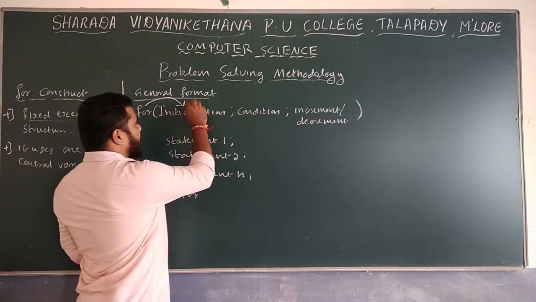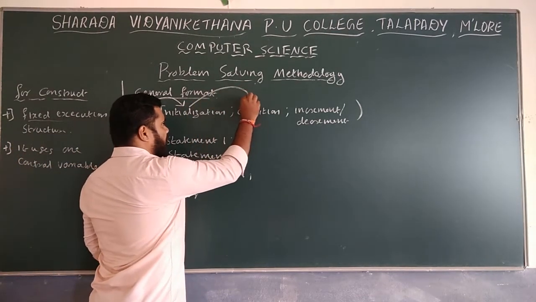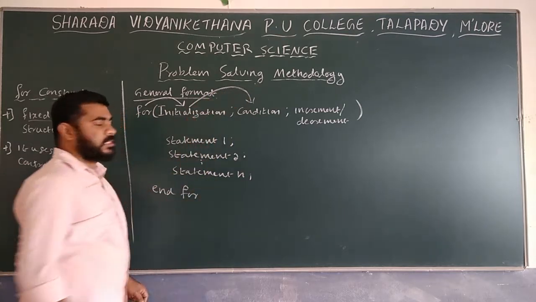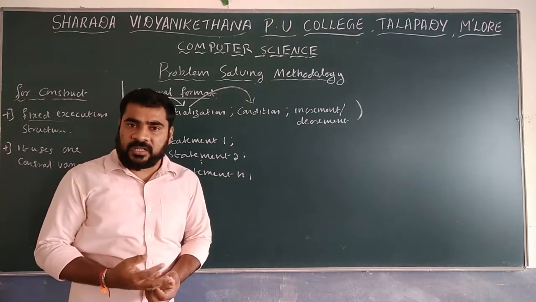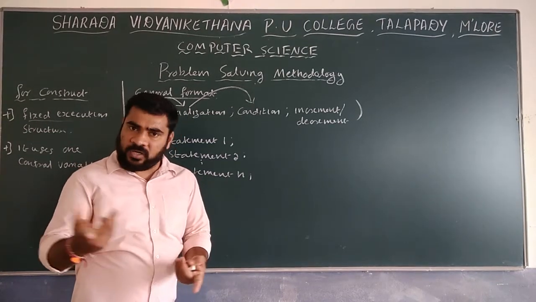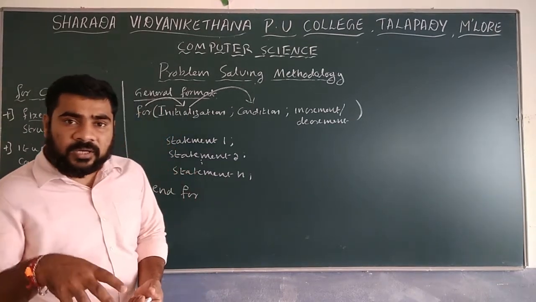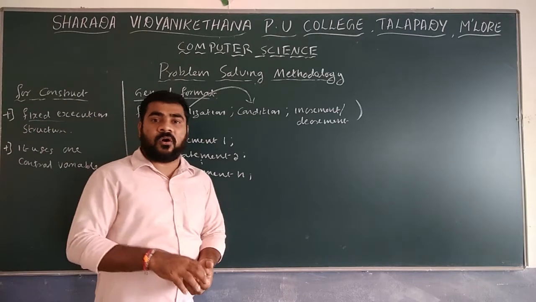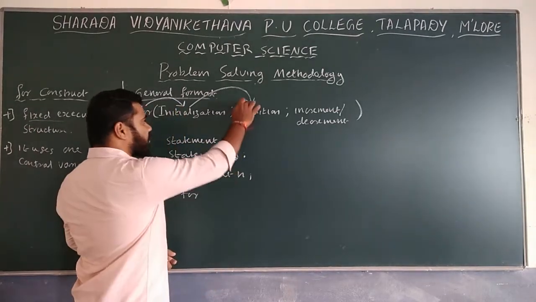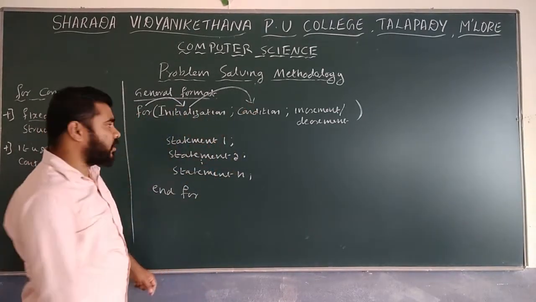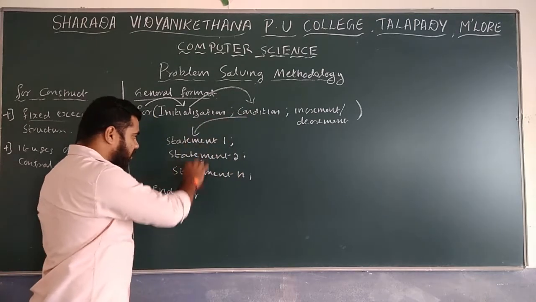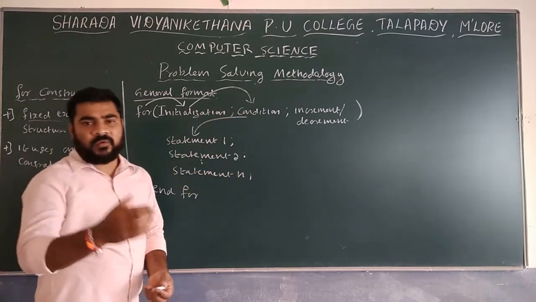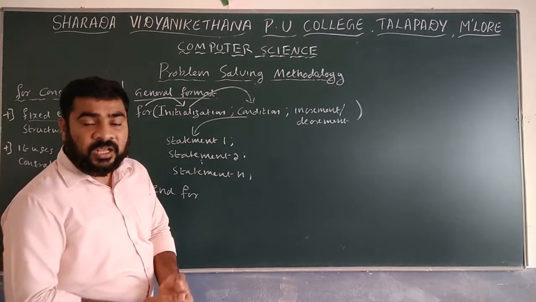After that, the control moves to check the condition, whether it is true or false. We get only a true or false output. Whenever the condition is true, then control is going to execute the statements. All the statements are executed. We don't know the total number of statements, that's why I write n statements.